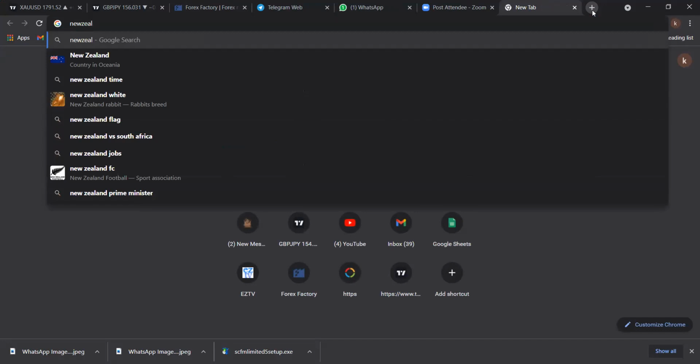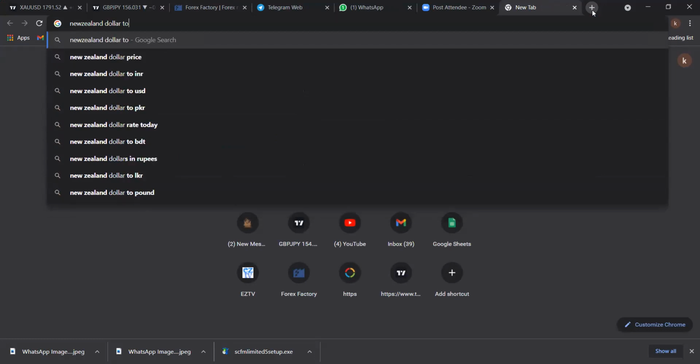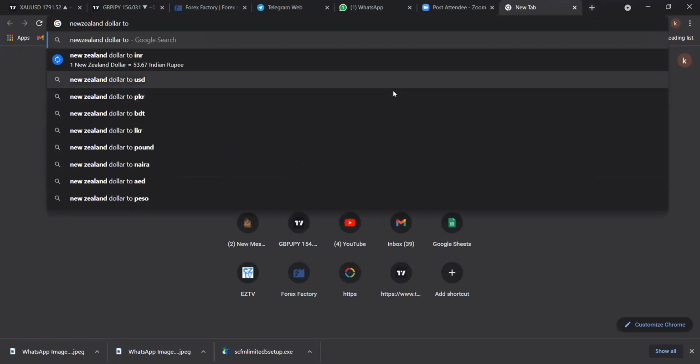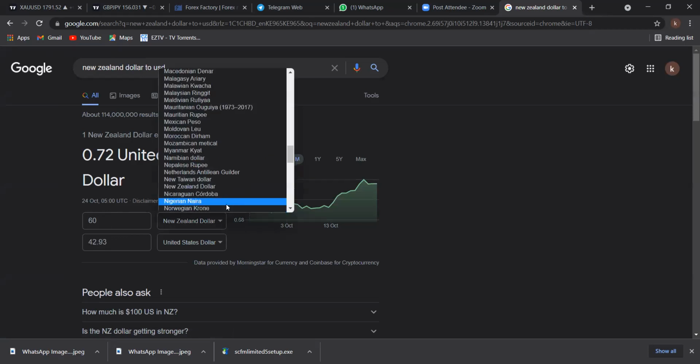Hebu tuende tuone how tunaweza convert NZD New Zealand dollar. Wacha tuone hapa. Unaona tuseme kama una $60 of New Zealand dollar nika $42 ya US dollar, unaona.